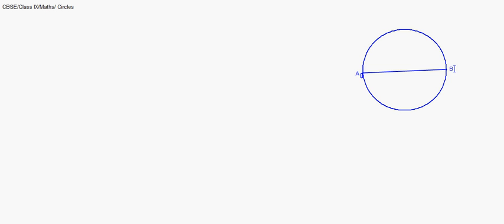I just write the part of that question as well. It says AB is a diameter of the circle. It also says CD is a chord equal to the radius of the circle.